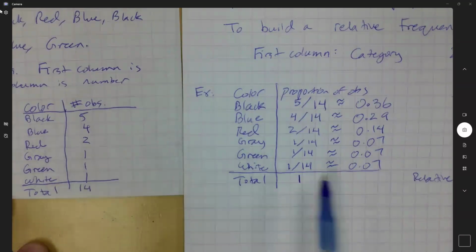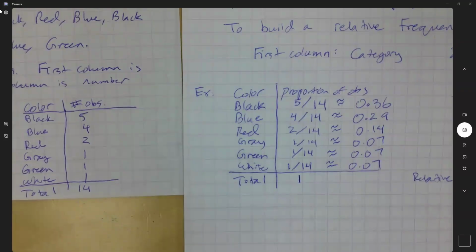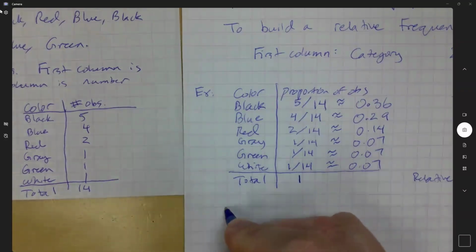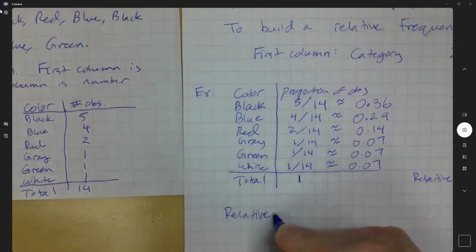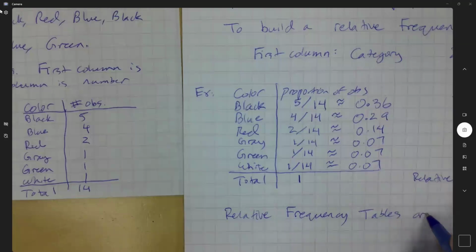A big enough sample, you're probably good with just proportions instead of specific numbers. So relative frequency tables are more useful generally for large data sets, where looking at a whole bunch of large numbers can get overwhelming.